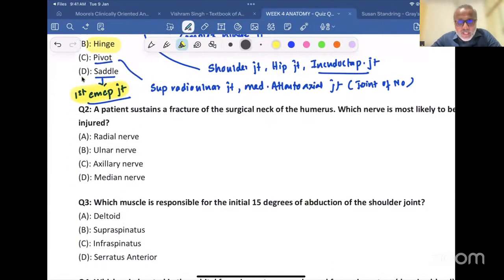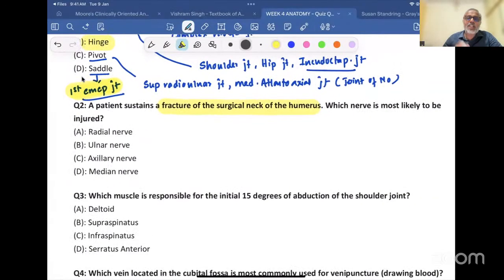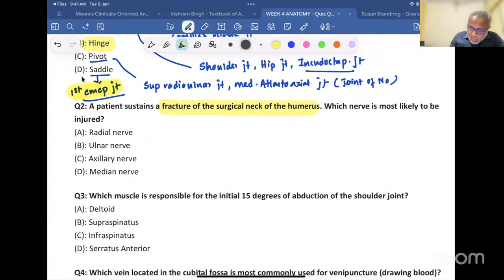The next question is, a patient presents with fracture of surgical neck of the humerus. Which nerve is most likely to be injured? Straightforward question. If it is surgical neck, it is axillary nerve, right? Now, if we just draw the nerves related to humerus, let's imagine we have the head of the humerus, so we have the shaft and then we have the lower end.